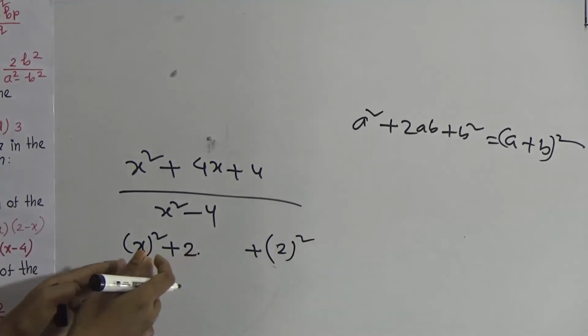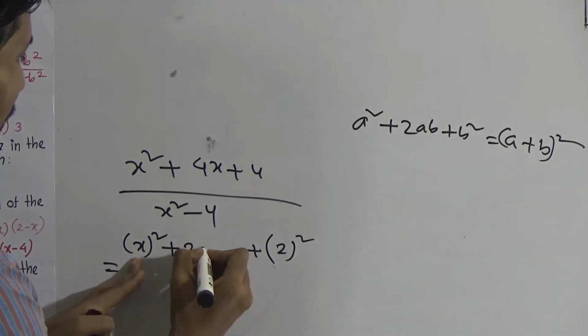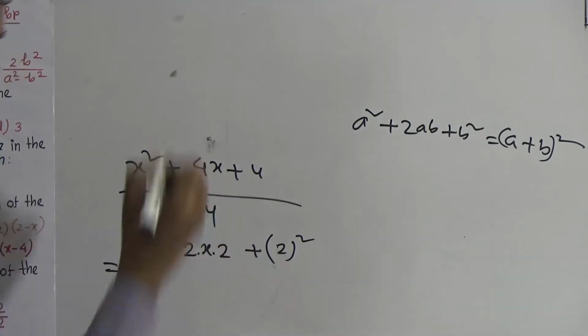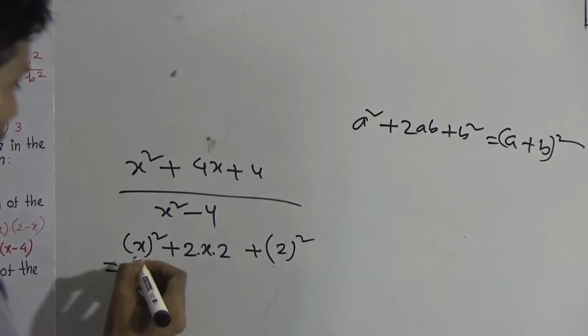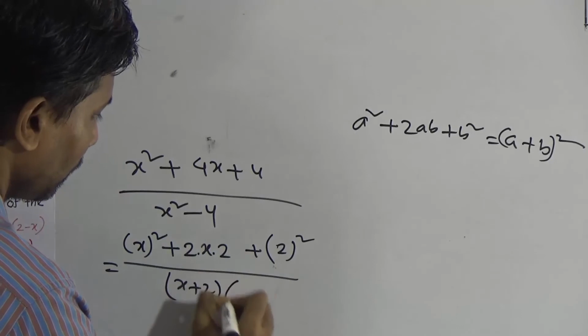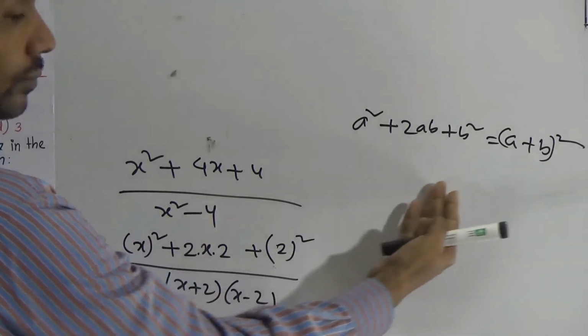That means x square plus 2x into 2 plus 2 square is similar to this formula.